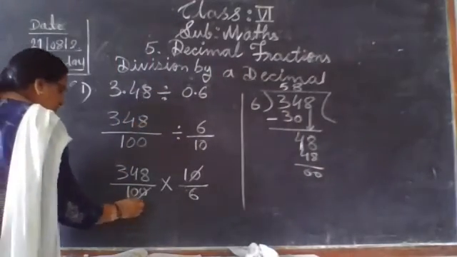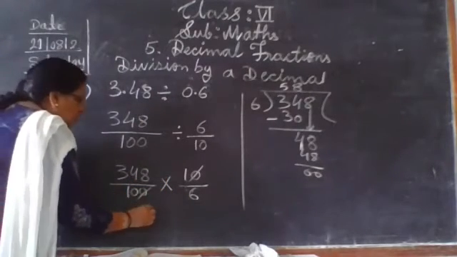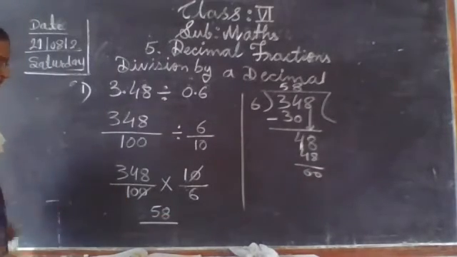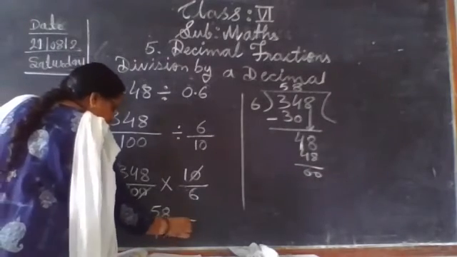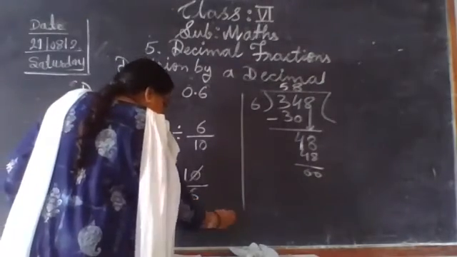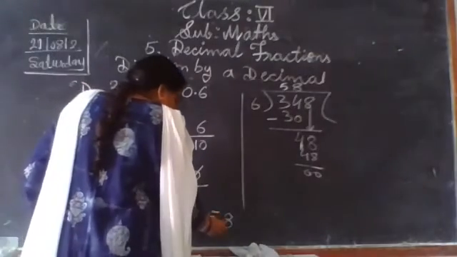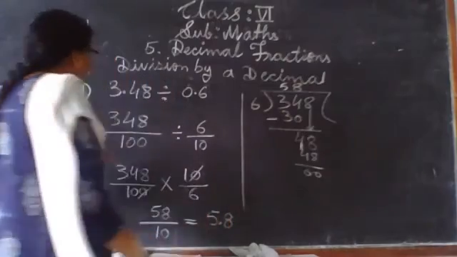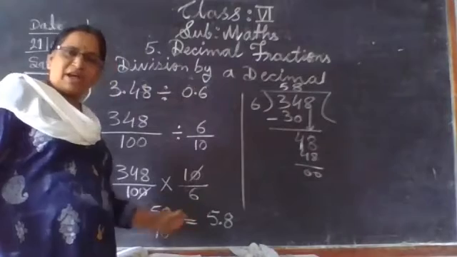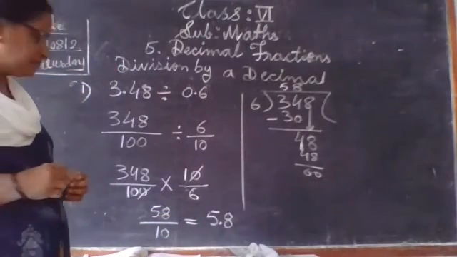So what is the quotient? 348 divided by 6, the quotient is 58. But what is left here? Divided by 10 is left. Okay. So what to do? We will write the numerator as it is. Now see beta, the denominator has 1 0. So we will put the decimal point after 1 place. So what is the quotient of this? 3.48 divided by 0.6 is 5.8. Got it, children? So let's see one more example.